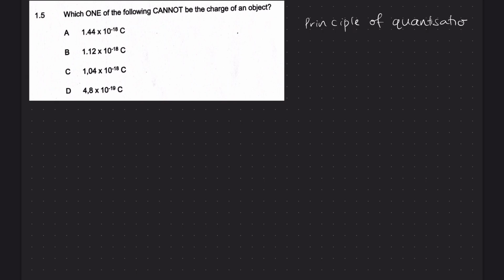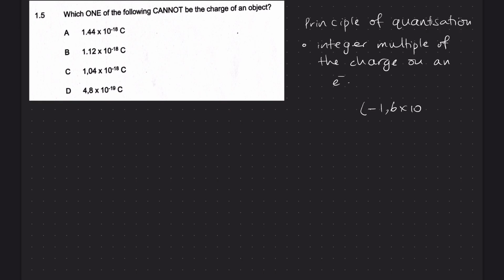Quantization. And this principle basically states that any charge on an object must be an integer multiple of the charge on an electron. And we know the charge of an electron is minus 1,6 times 10 to the negative 19.